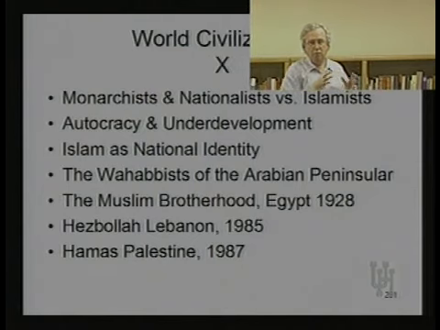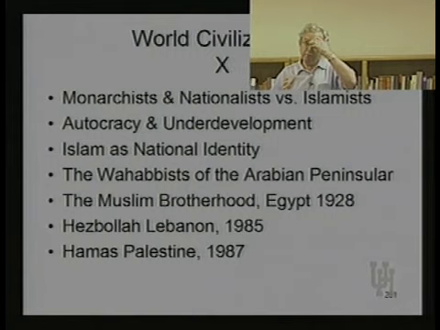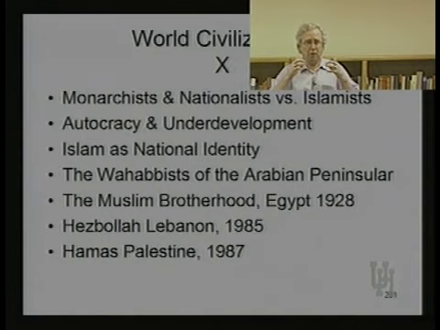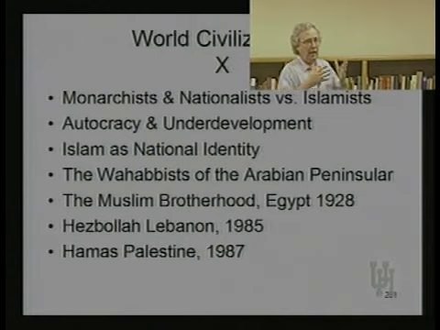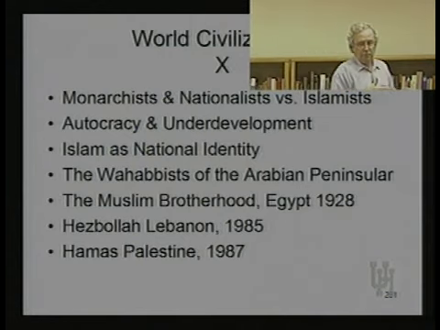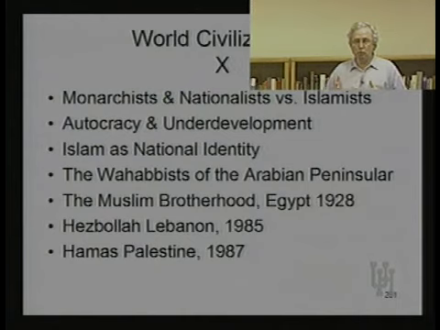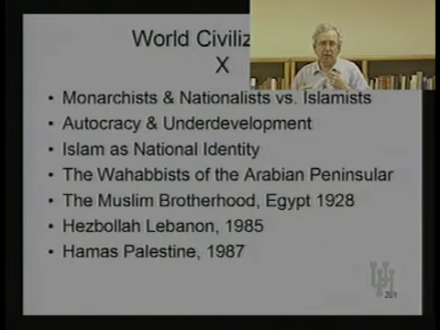These movements have grown in popularity during the 1970s, 80s, and through the 1990s, in no small part because of what many people in these countries view as the failure of both the dynastic and nationalist institutions that had ruled these countries since the 1940s.